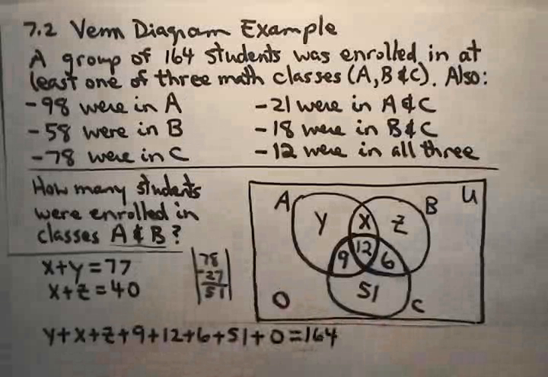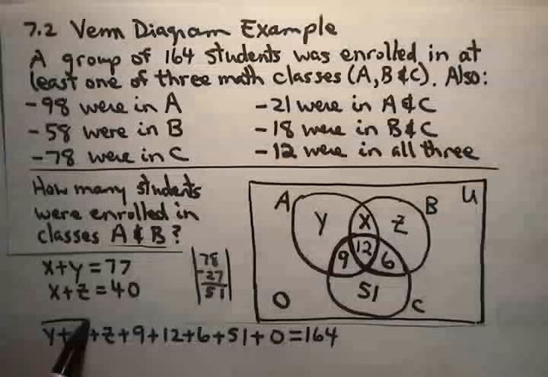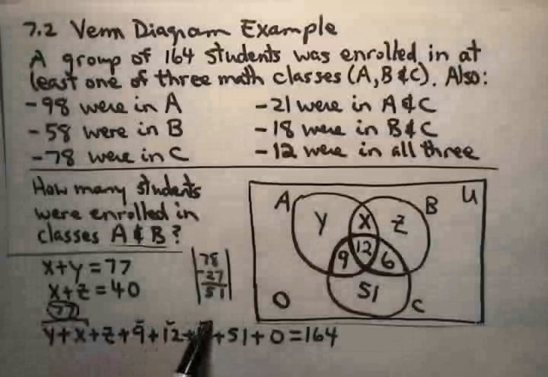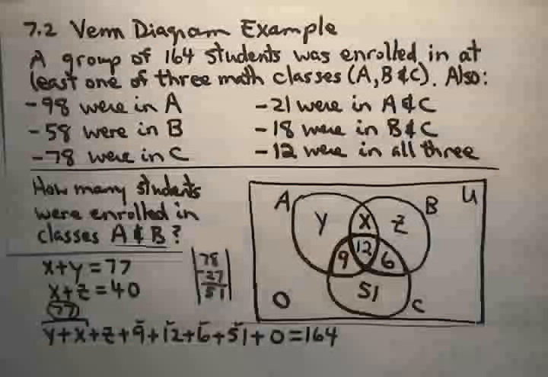Now it's just a matter of arithmetic. I know Y plus X, or X plus Y, is 77. So really, I just need to add up 77 plus 9 plus 12 plus 6 plus 51, and the problem already looks simpler.